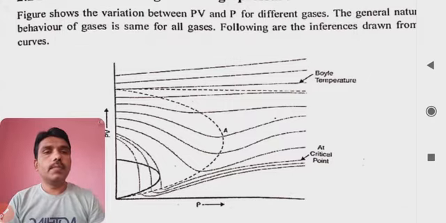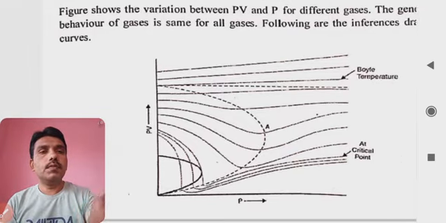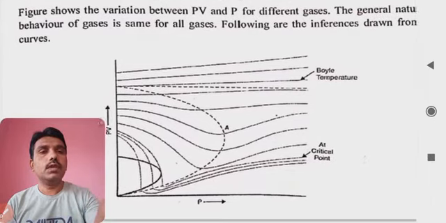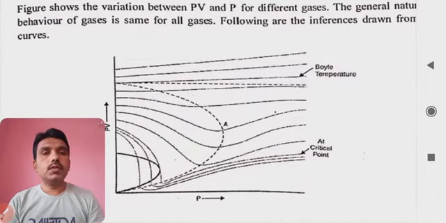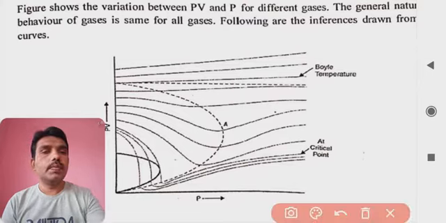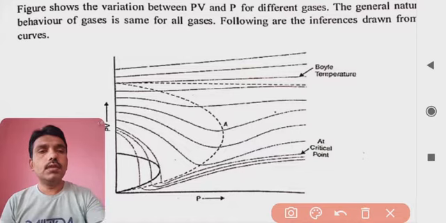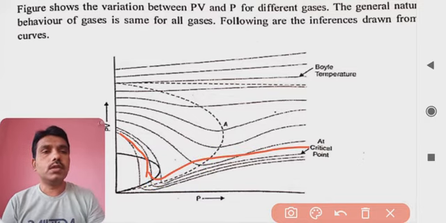If you look at the curves, some are straight, showing that as the pressure increases, PV stays constant. Some of these decrease, reaching a certain level, and then go on increasing, as the pressure increases, PV also increases.